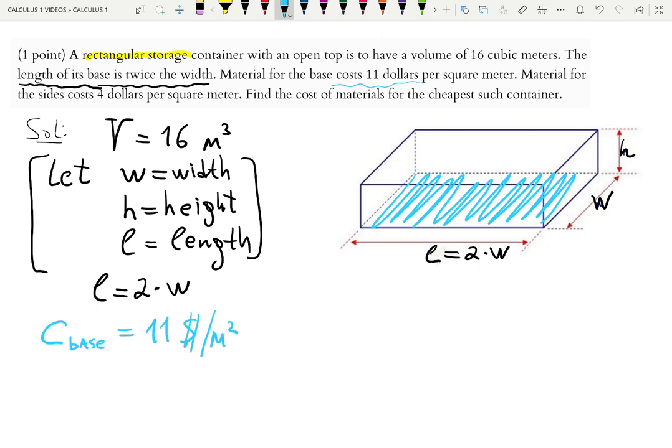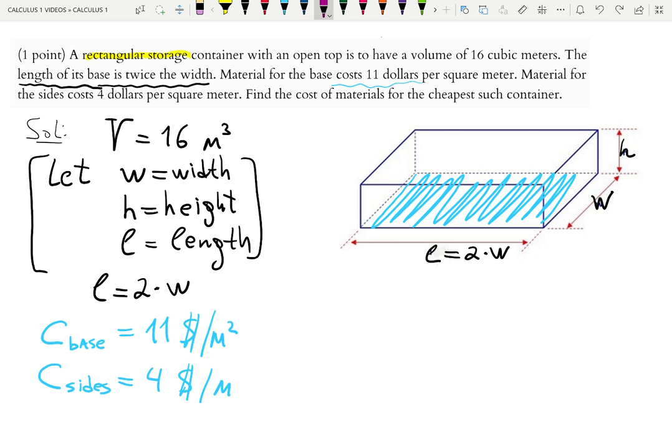Material for the sides, C sides, is $4 per meter squared. So how many sides do we have exactly? Correct, 4. And remember, we don't have the roof, so that's why we only have cost for the base. And then 4 sides, $4 per square meter.